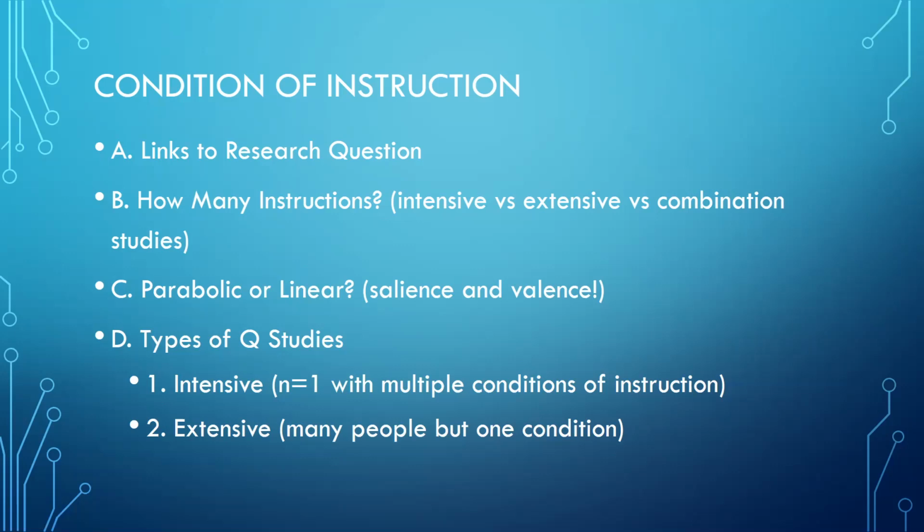And so in that case, you have a more intensive study, one person with multiple conditions of instruction, as opposed to an extensive study where you have one condition of instruction, everybody gets the same condition of instruction, but you have multiple people that sort that same set of statements.